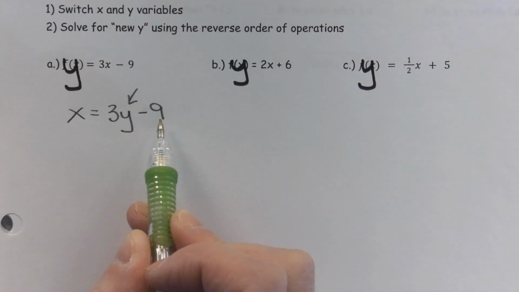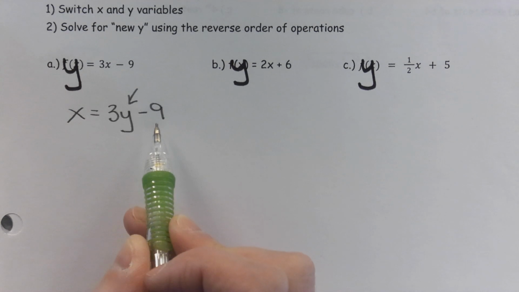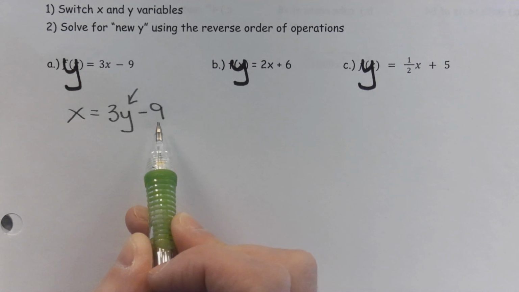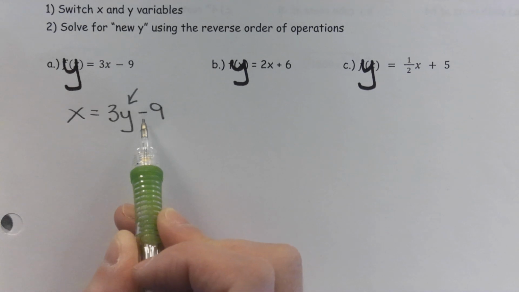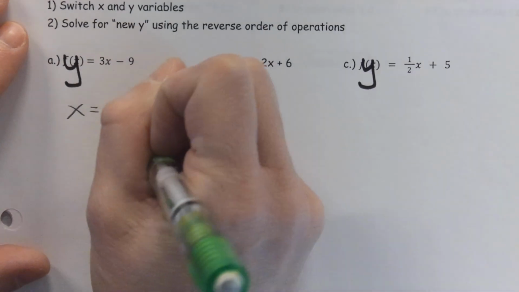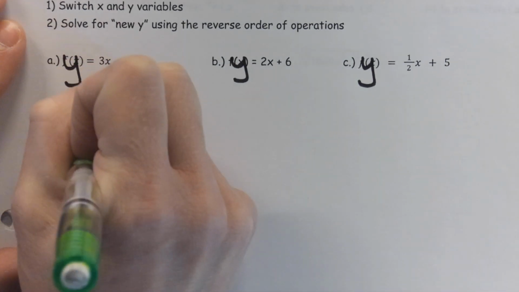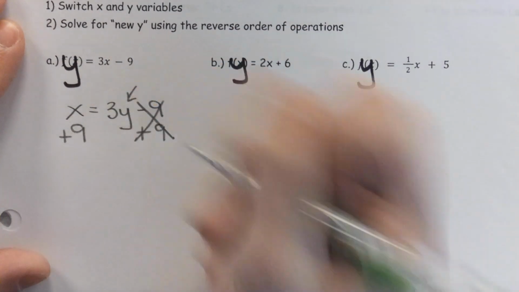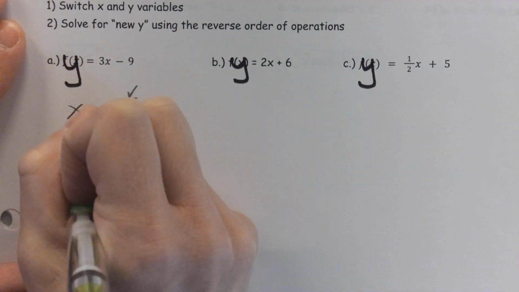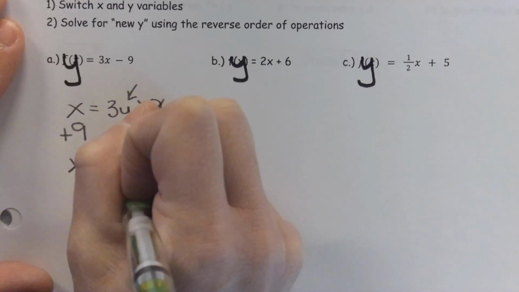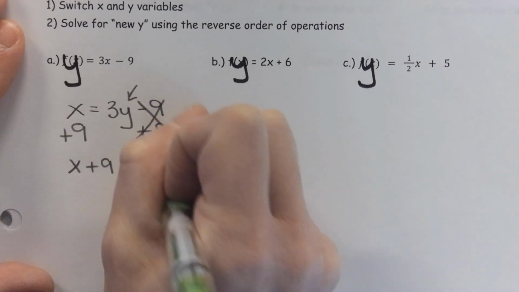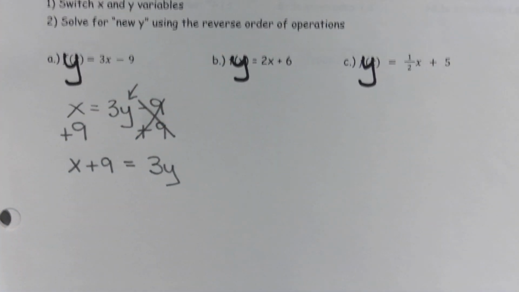How can I deal with this minus 9 and get it away? It's already being subtracted, so I want to do the opposite, which is plus. So I'm going to add the 9 over. So this is gone. X plus 9 equals 3y.